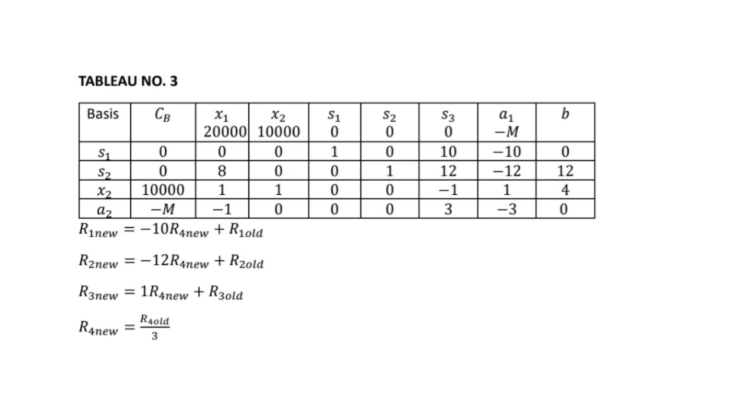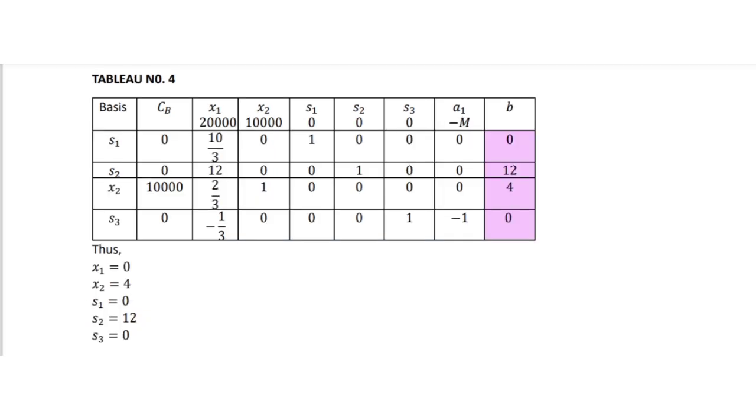R sub 2 new be equal to negative 12 times R sub 4 new plus R sub 2 old. R sub 3 new be equal to 1 times R sub 4 new plus R sub 3 old. And lastly, R sub 4 new be equal to R sub 4 old over 3. Thus, the pivot becomes 1 and all other entries in the pivot column become 0, thus forming tableau number 4.